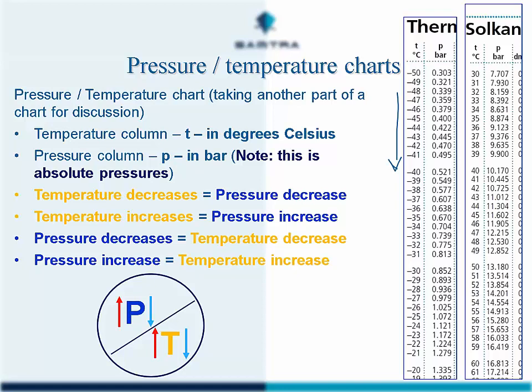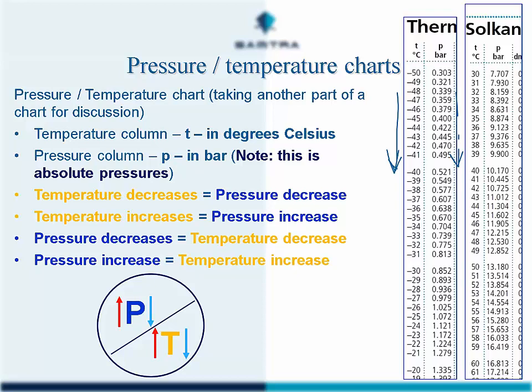Although the number is getting smaller, we are in negative numbers, it means it's getting warmer. So moving down is warmer, moving up will be colder. In the pressure column, moving down the pressure column is an increase in pressure. Moving up the pressure column is a decrease in pressure.